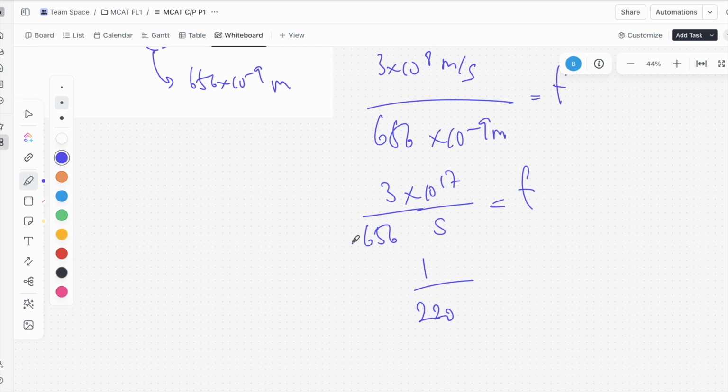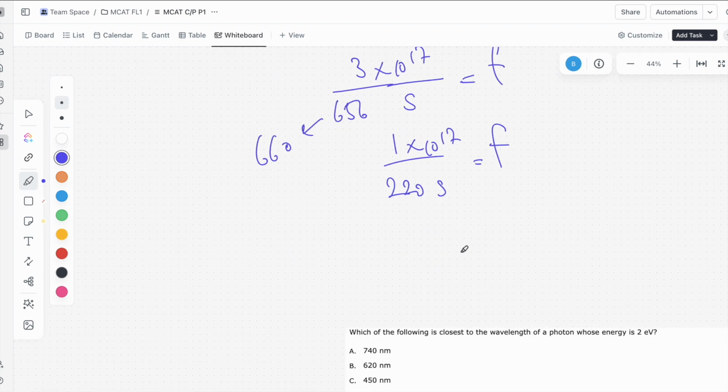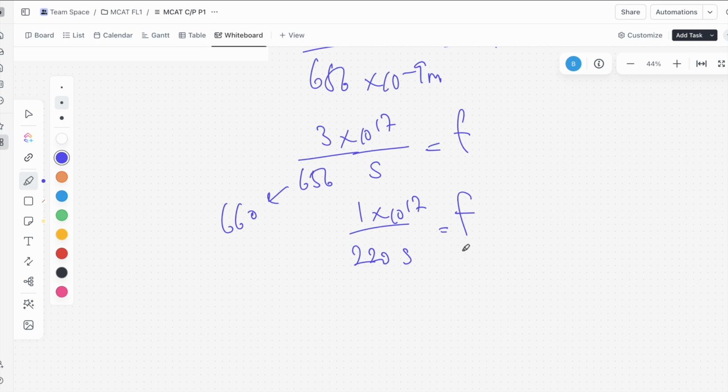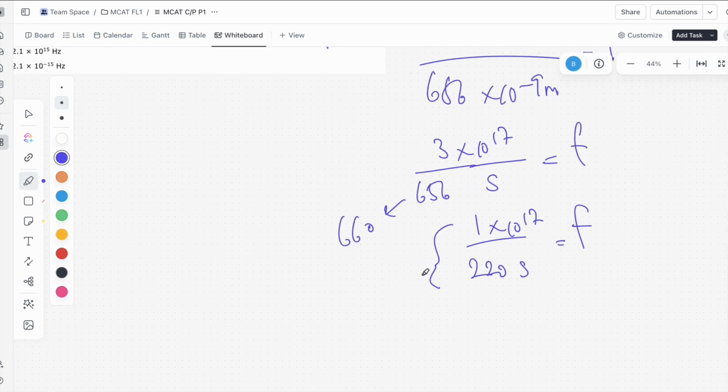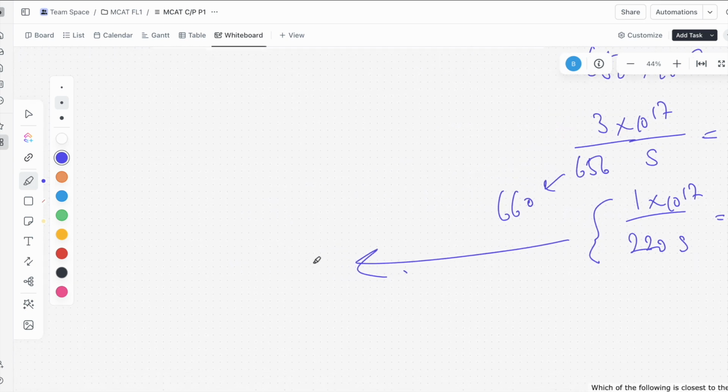We'll roughly estimate this to be around 660. So this is 1 times 10 to the 17th per second equals frequency. But let's move on with this, and do the rest of the calculations here.